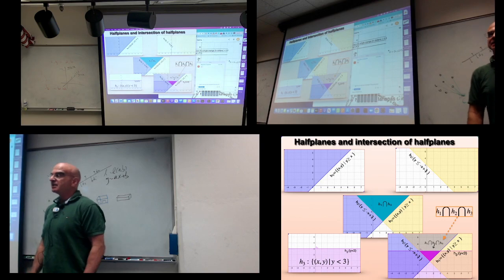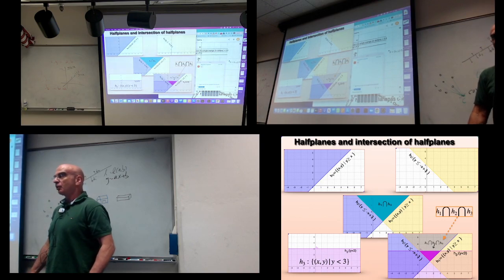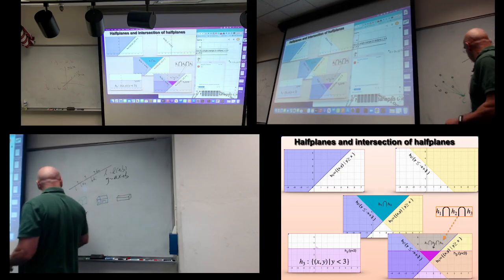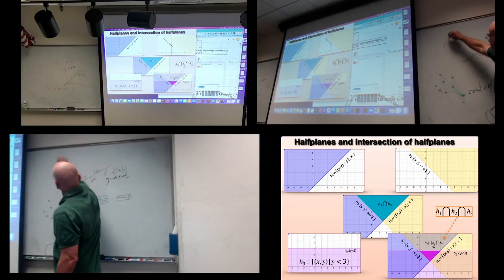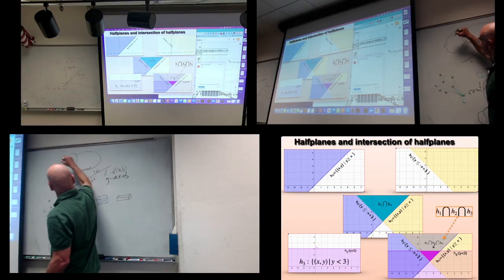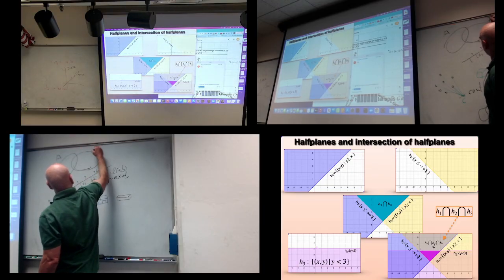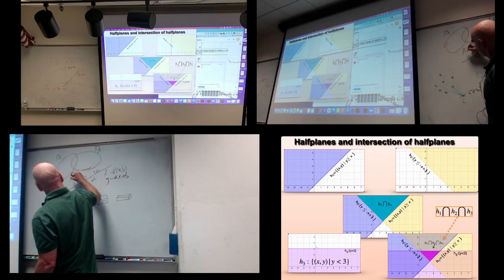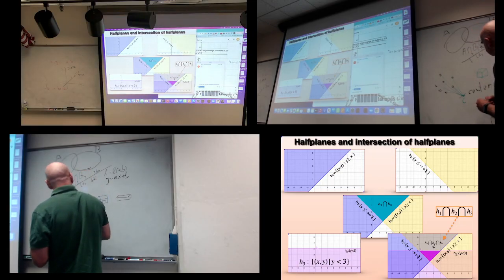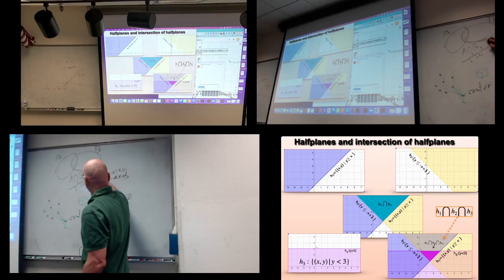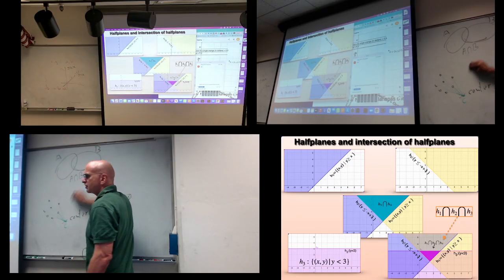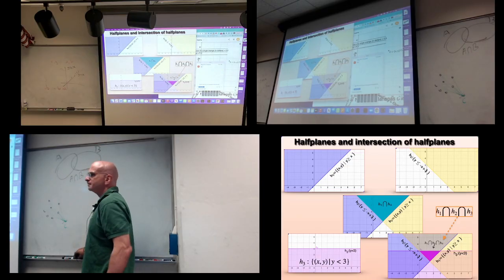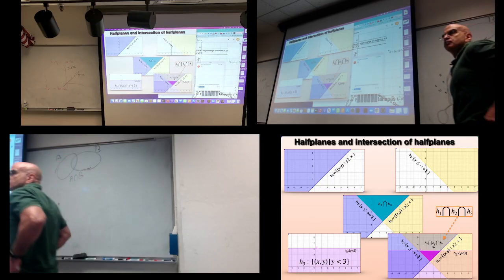Is the intersection of convex sets convex? If I have two sets, A and B, and I'm looking at A intersection B, is this convex or not? You might have it in the homework, actually, but it doesn't matter, we'll spoil it for you.